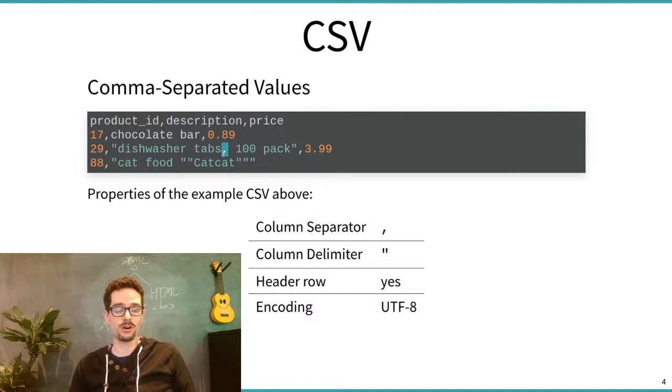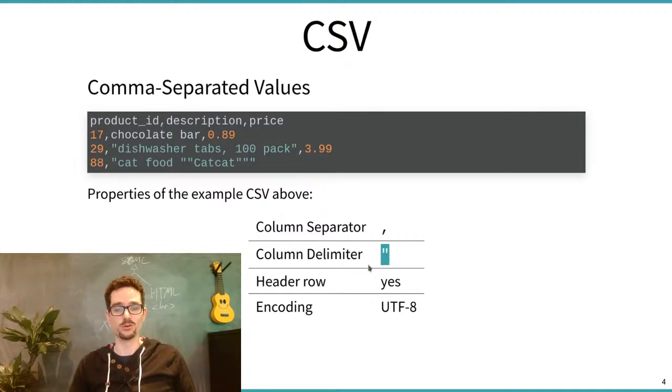So we need the comma, and if we would simply write a comma here, it would say this is the value of the first column, this of the second column, and this of the third, and this of the fourth column. But basically we don't have 4 columns. So when you need the column separator, you have to write the full column value into double quotes. And the double quote is the default column delimiter.